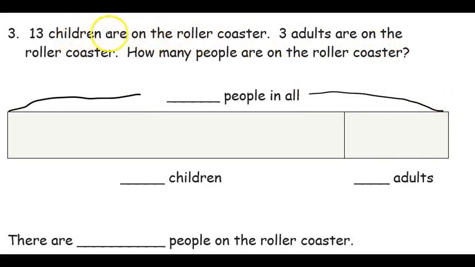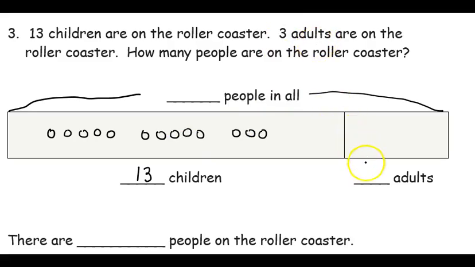The problem tells us that we have 13 children, so I'll fill that in first. We have 13 children, and I'll draw circles to represent those 13 children. So I'm going to draw 2 groups of 5, so that's 10, and then 3 more. It also says that there are 3 adults on the roller coaster, so we'll show that in the shorter end of the tape, and I'll draw the 3 adults.